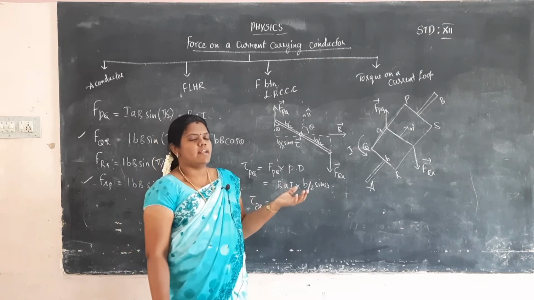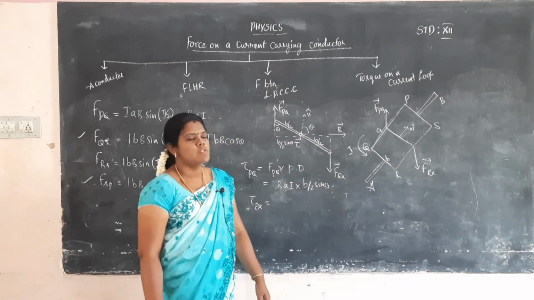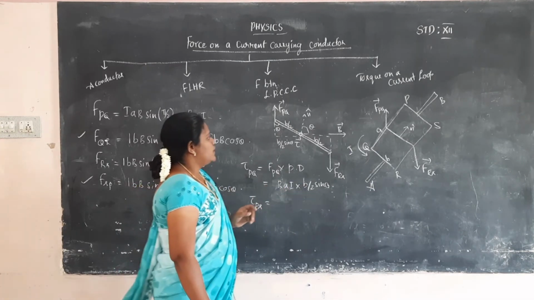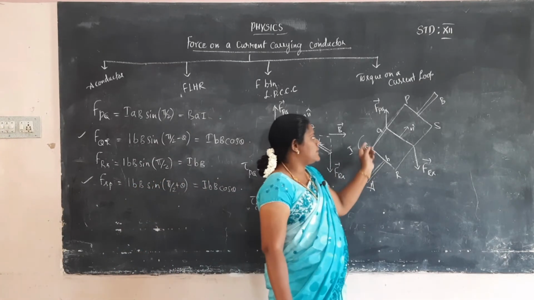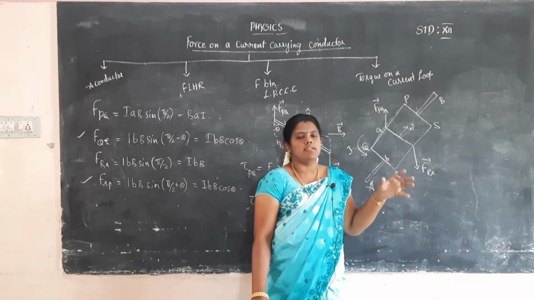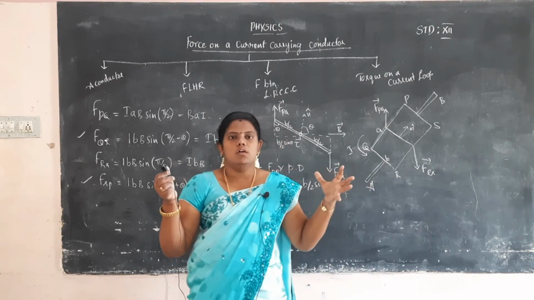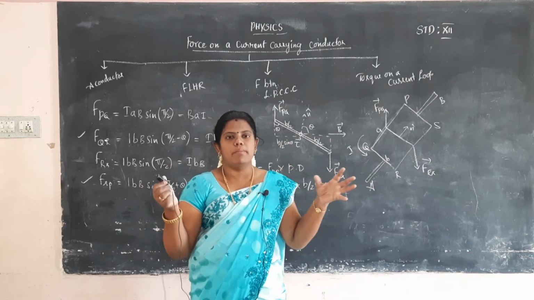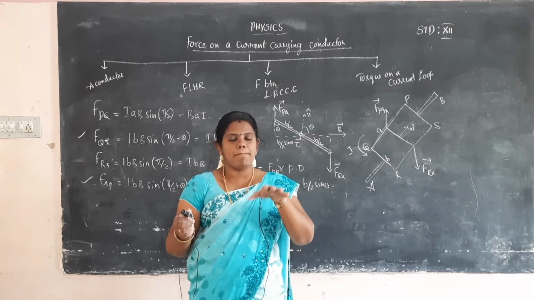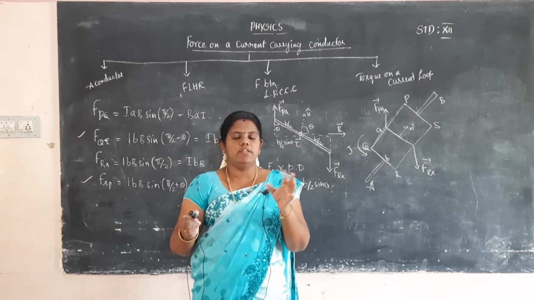Motors work on the basis of the torque acting on a current loop, so motor operation is completely based on torque. We consider one rectangular conductor. In motors, the rectangular conductor is kept between two horseshoe magnets, two permanent magnets on the two sides, and the rectangular plate moves up and down. That is the way a motor operates.